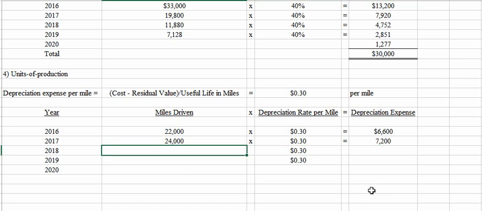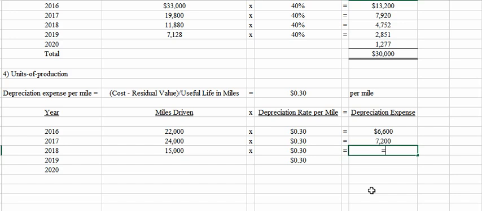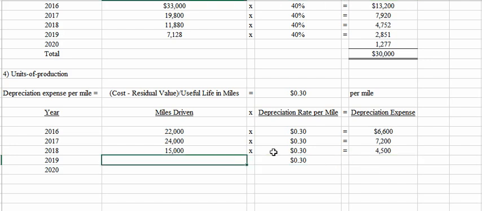And in 2018, the van was driven 15,000 miles. Times the 30 cents. It's going to be equal to 15,000 miles times the 30 cents per mile. That gives us 4,500. Then in year 4, or 2019, the van was driven 20,000 miles.